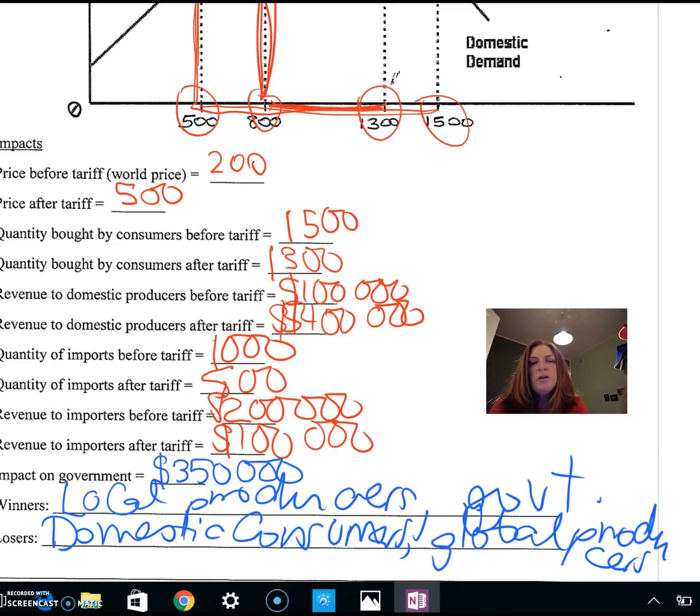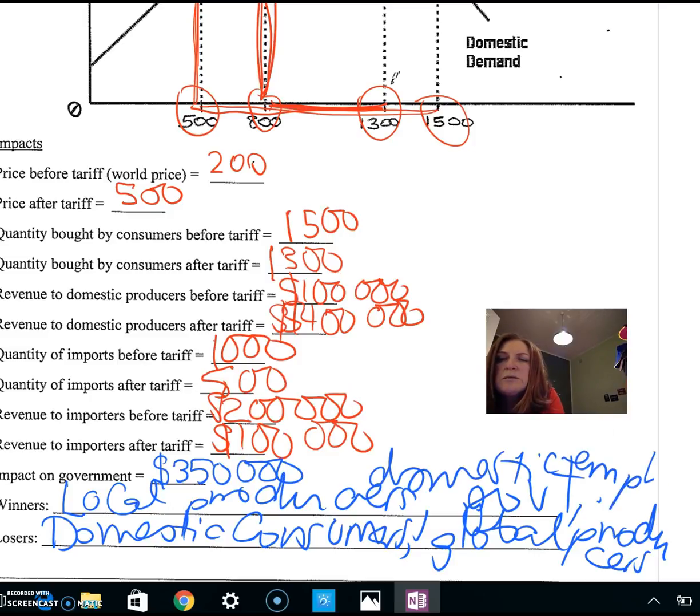Of course, if you went back to the winners, you might be able to extrapolate that if local producers and the government win, you could probably also say domestic employees are going to win as well.